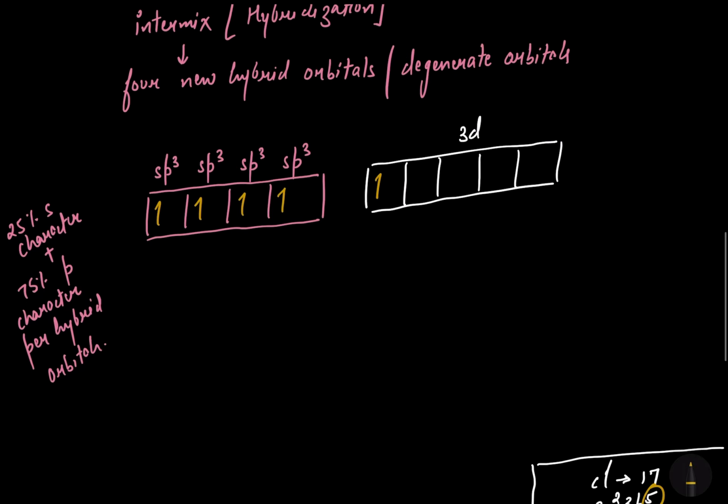Let's come over here. Let's talk about the first chlorine. That's the 3p subshell of the first chlorine. How many electrons were there in 3p? There were 5. 1, 2, 3, 4 and the 5.